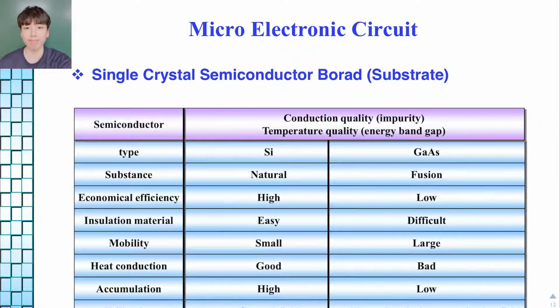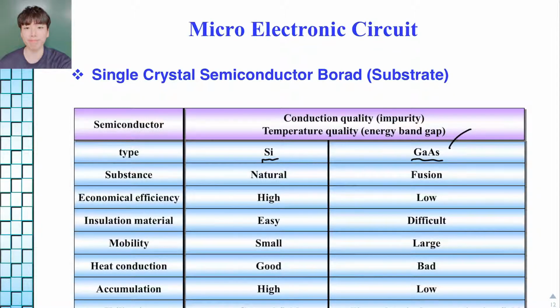In microelectronic circuit, two kinds of material are popular. One is silicon and one is gallium arsenide. Silicon is a natural substance, has high economical efficiency, is easy to make, has small mobility and good heat conduction and high accumulation, and is used in the general field.